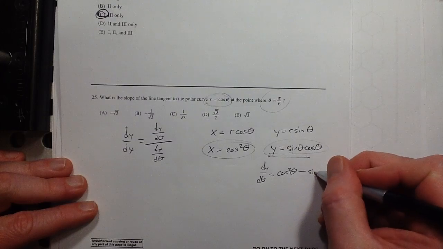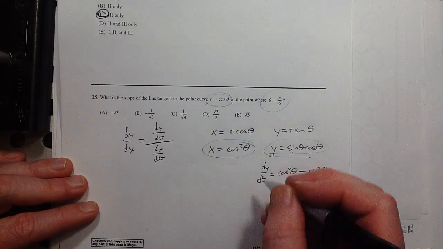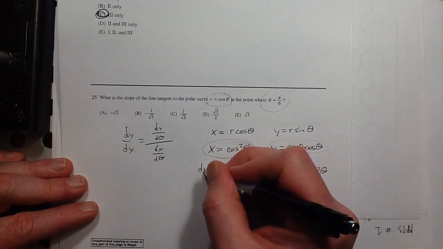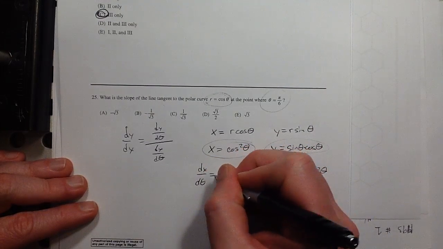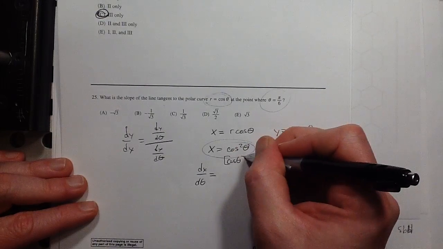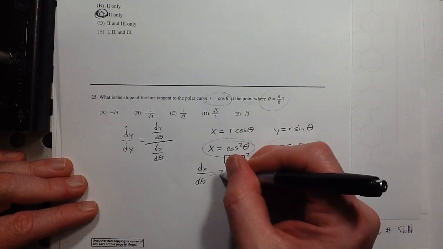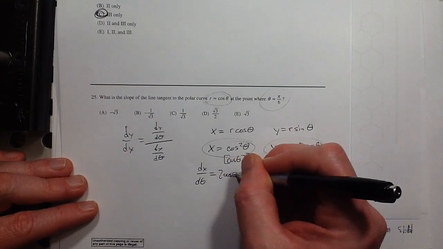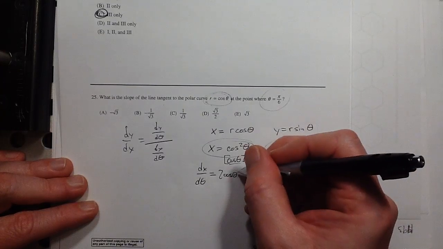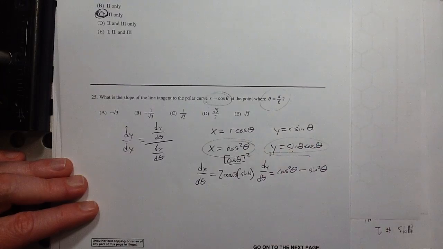Sorry, just saw that coming. That's what you get using the product rule there. And then here, using the chain rule, that's the same as cosine of theta squared. So derivative of something squared is 2 times something times the derivative of what's inside, which is negative sine theta.